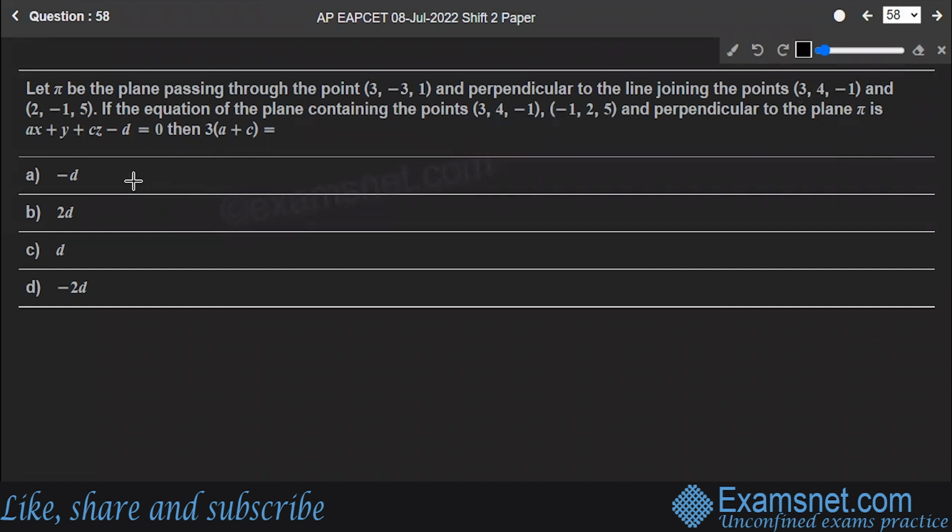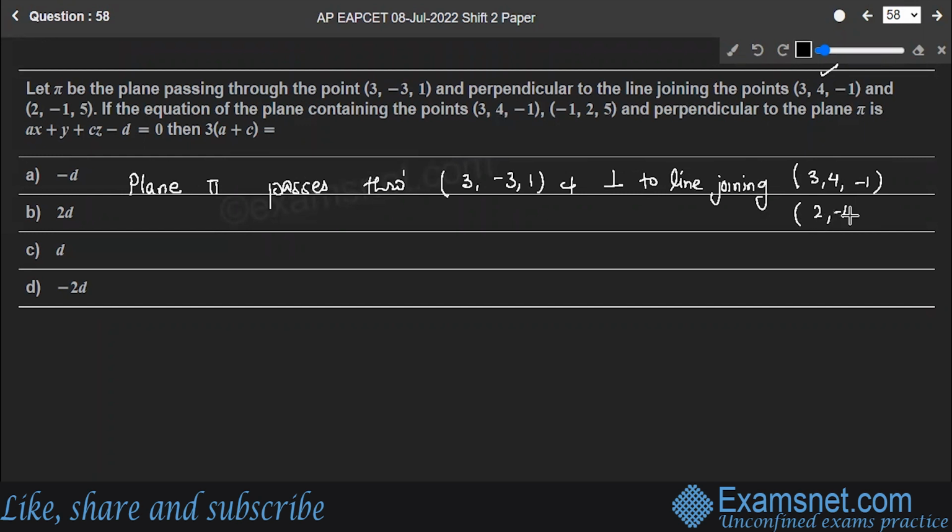First thing, you are given plane phi passes through 3, minus 3, and 1. And it is perpendicular to the line joining 3, 4, minus 1, and 2, minus 1, 5.